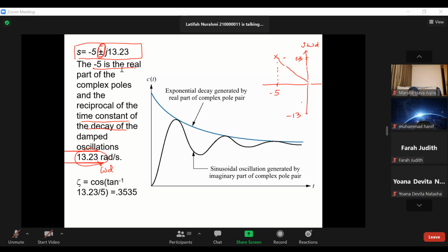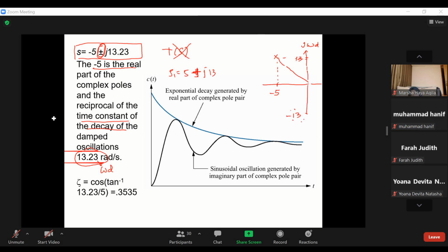Other than finding it from the transfer function, let's say the transfer function is not given. There is only s1 equal to minus 5 plus minus j 13. Find zeta and omega n from here. So you plot minus 5 here, and you plot the imaginary part here, 13 and minus 13.